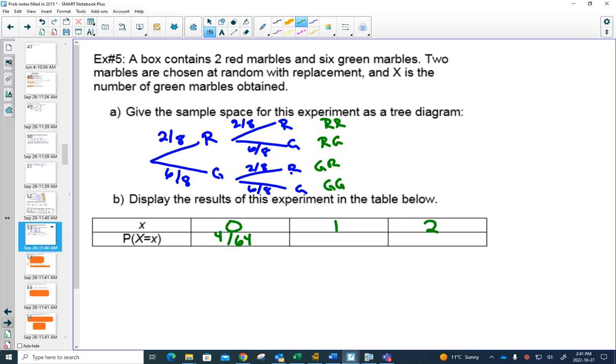Next one that's easy to do is the green, green one. Can you see that that one is 36 out of 64? And then red and green will be 12 out of 64 plus 12 out of 64.